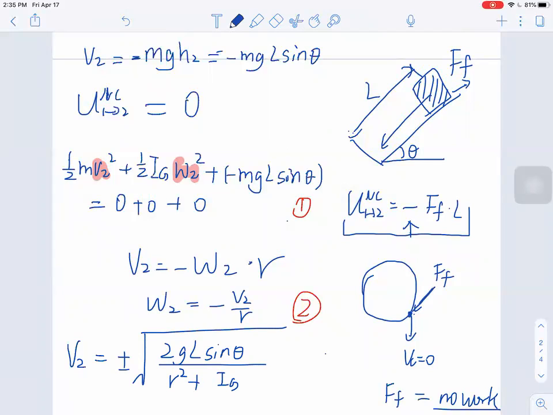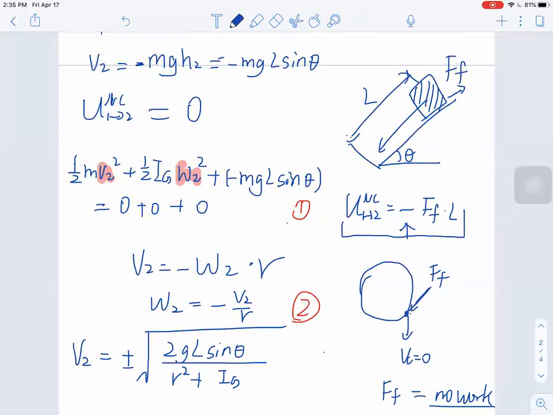Why is the omega 2 negative? Isn't it moving counterclockwise? Sorry, see that again? Why is the omega 2 negative? Isn't it moving counterclockwise? Let me check this.